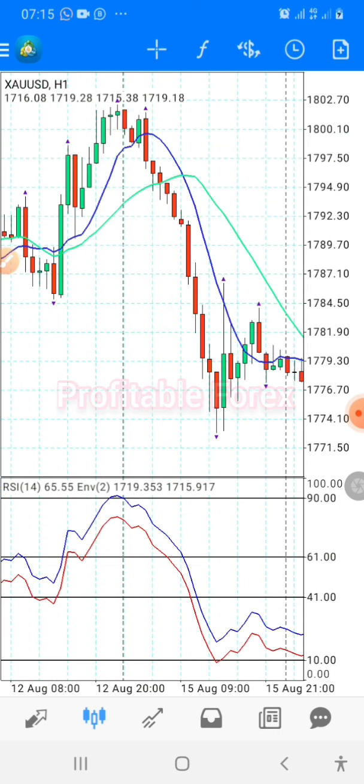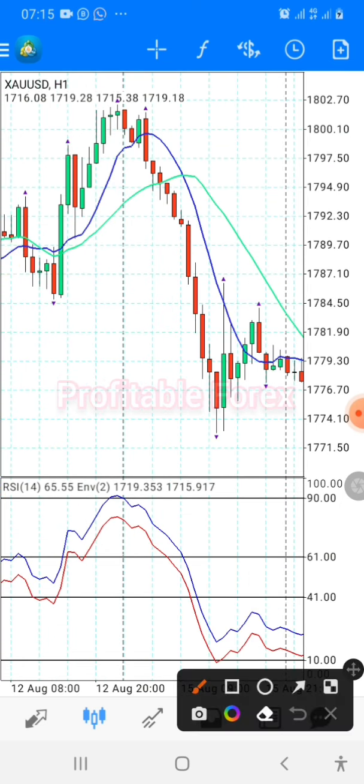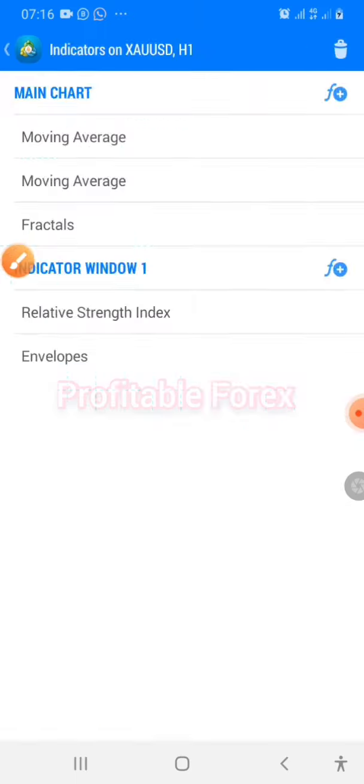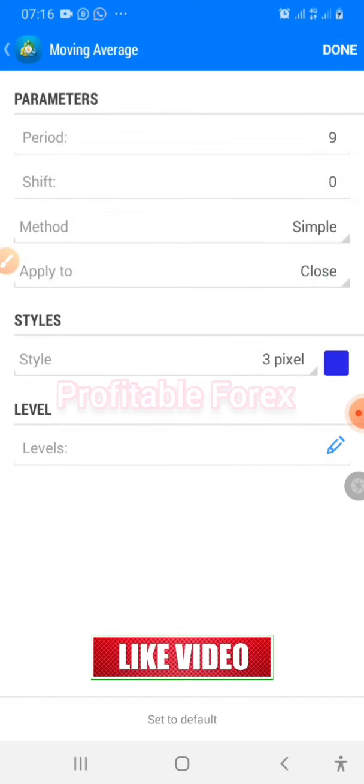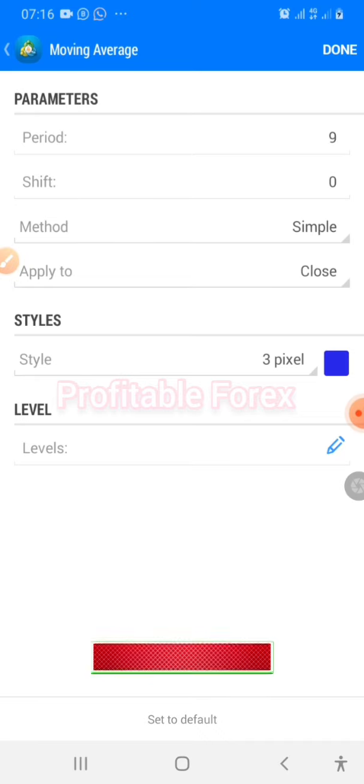So let's go to our indicator window. Click your F symbol over there. All right, so the first indicator on our main chart is the moving average. Moving average period 9, shift 0, method simple, apply to close, style 3 pixel, and the color is blue.